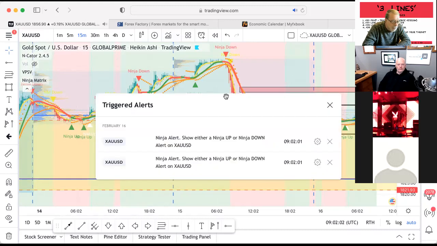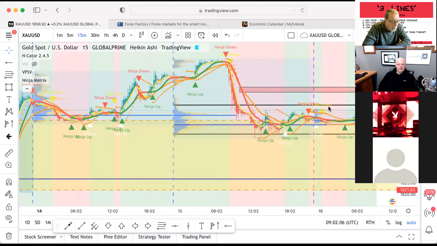I then look at the moving average situation, and I noticed that slightly after that Ninja up, we've got a nice separation. The 5 MA starts to move well away from the 13 MA.